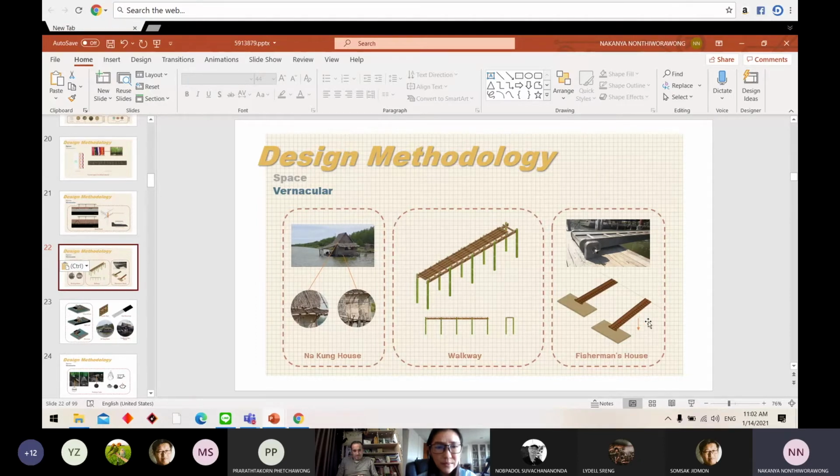And the last one is the fisherman's slide, for the pier to go up and down according to the tidal. One side is smooth, and the other side has little steps, used for bringing your stuff up and down.